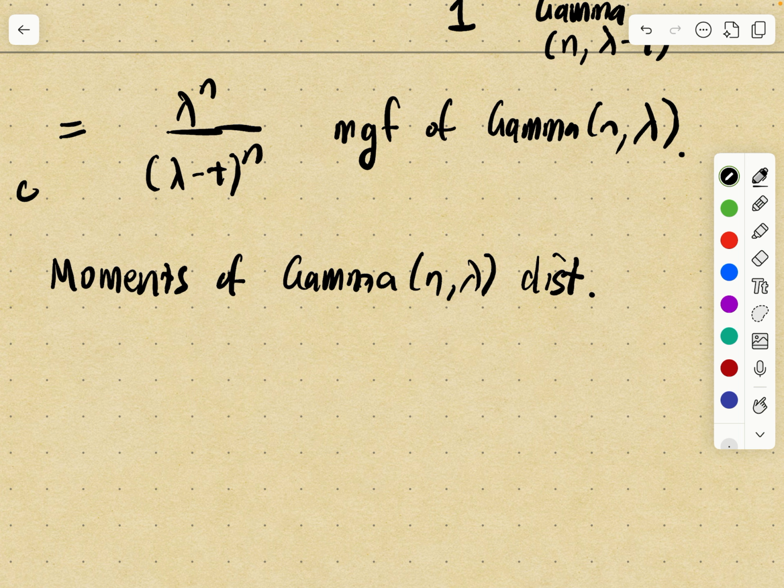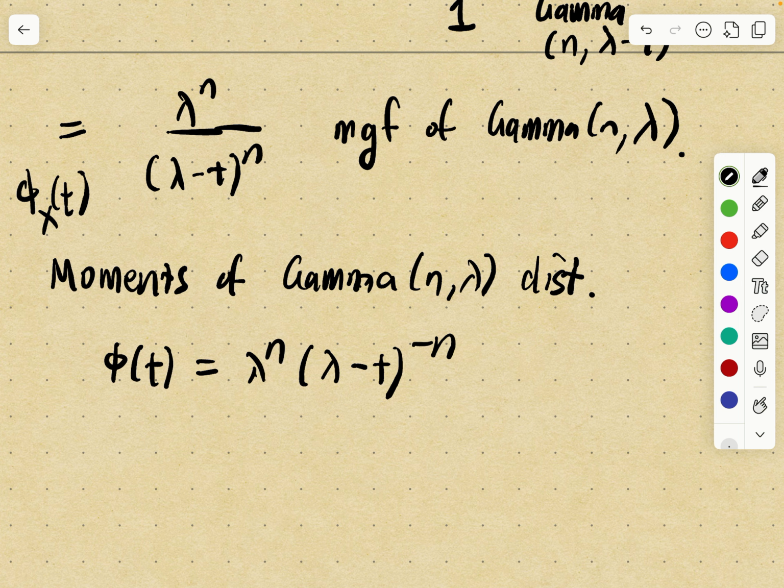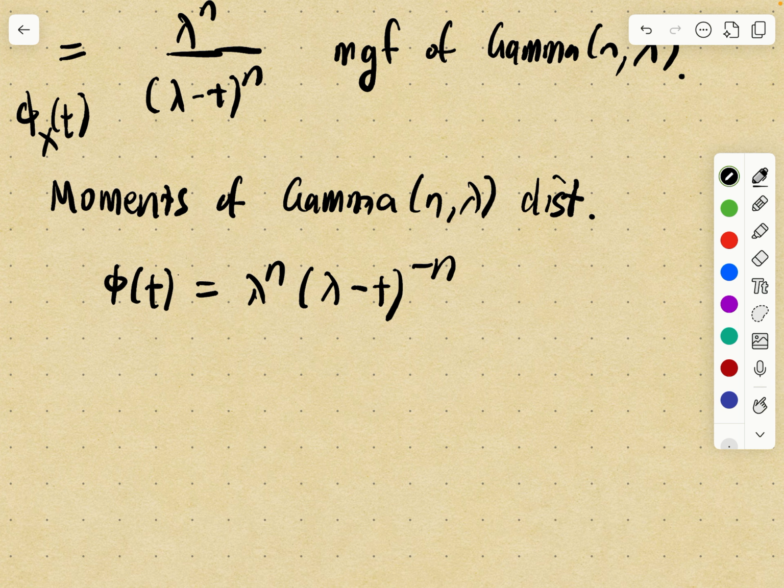So let's call this phi of t. We have phi of t is lambda to the n times (lambda minus t) to the negative nth power. And we need to take the kth derivative.